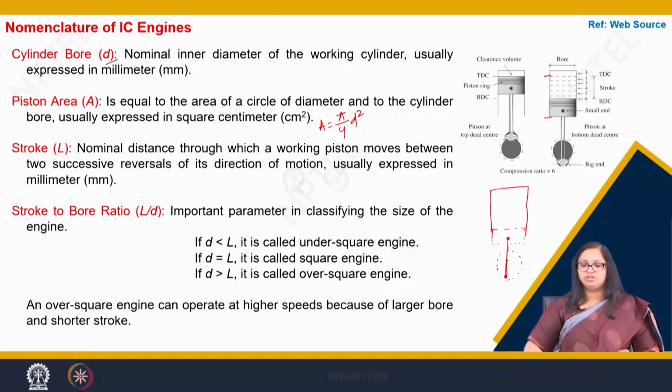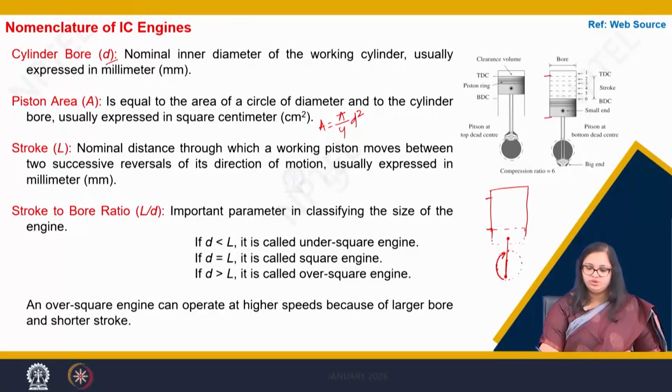So from this point, the crank would move to the other, pushing the connecting rod to the topmost point, where my piston would move till this point. From this to this, we call it 1 stroke.